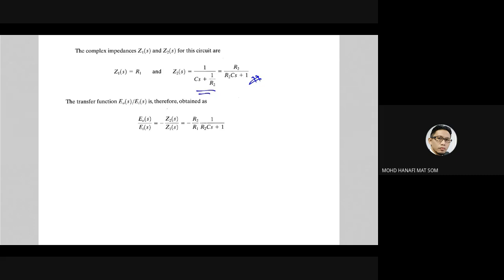And finally, when you put it all together, you will have the transfer function of E naught over EI as shown in the slides. Okay? So make sure you go back and practice this example 1 by yourself.